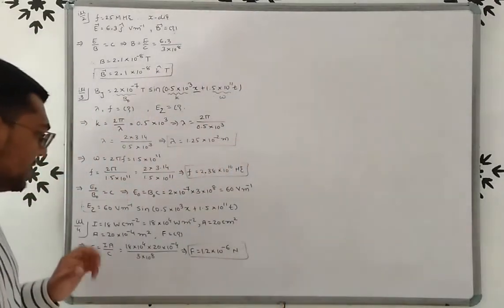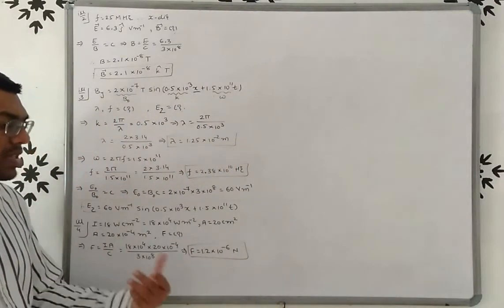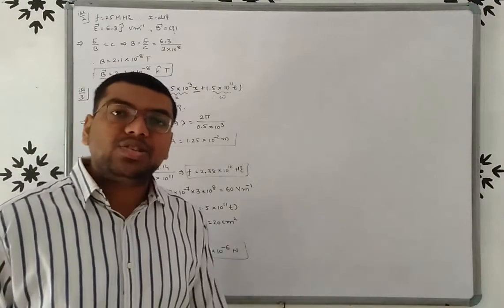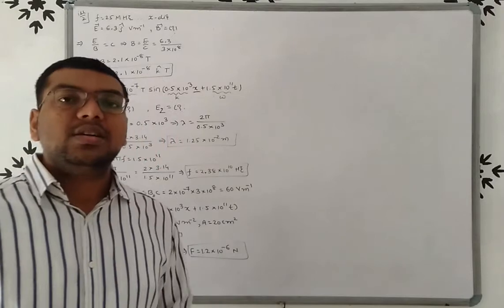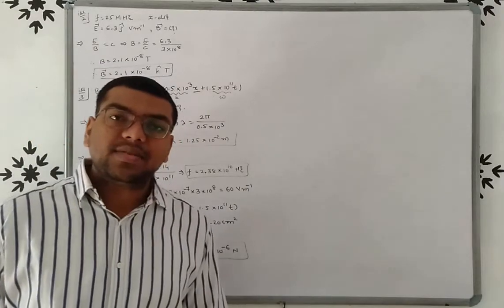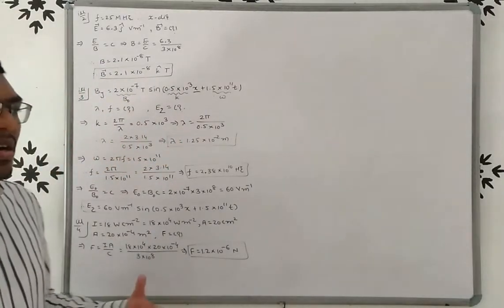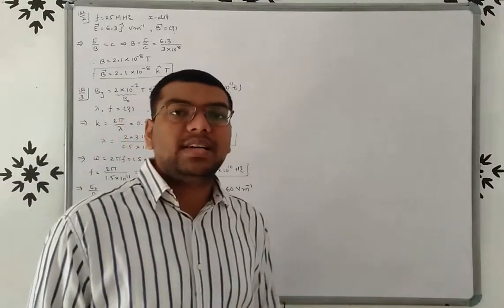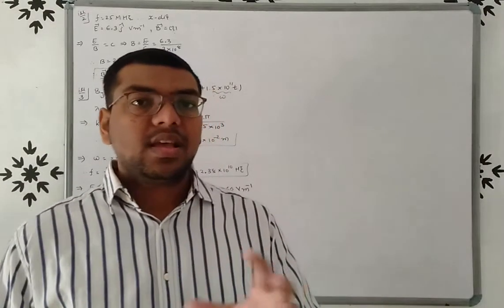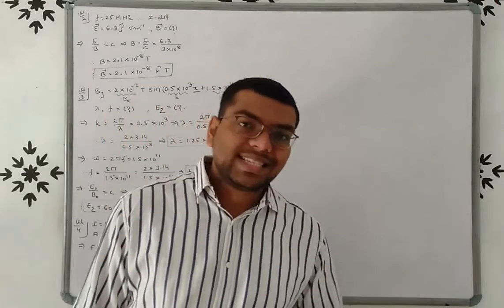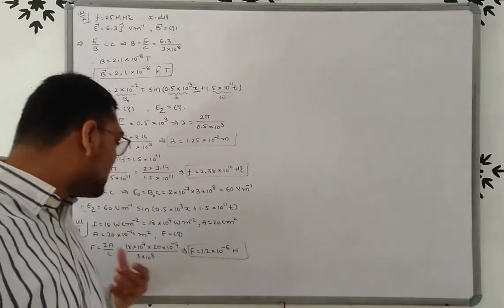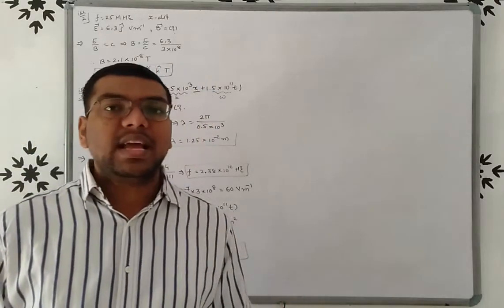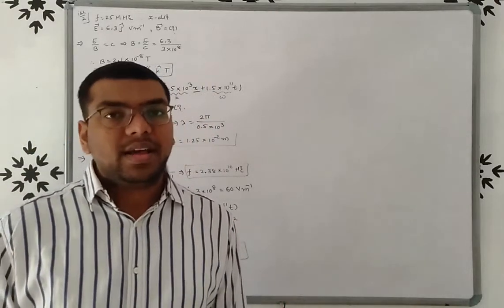So the answer will be 2.4 into 10 raised to minus 6, right? This you have to remember, friends: the equation of force I A by C, and if a reflecting surface is there, then the force will be double, right?